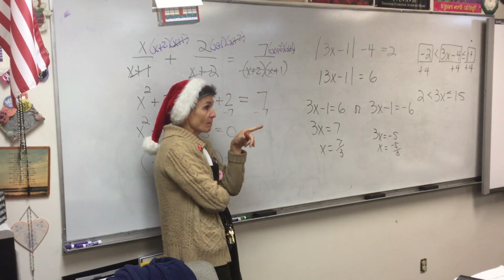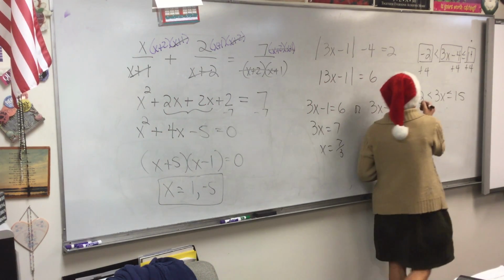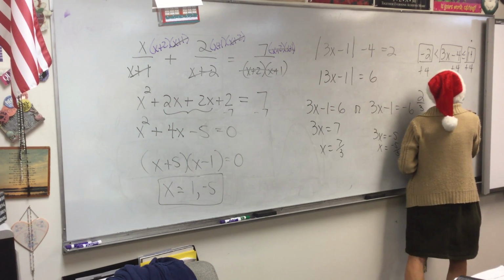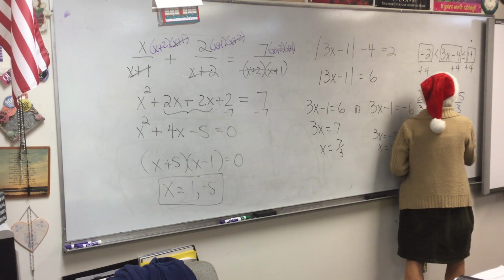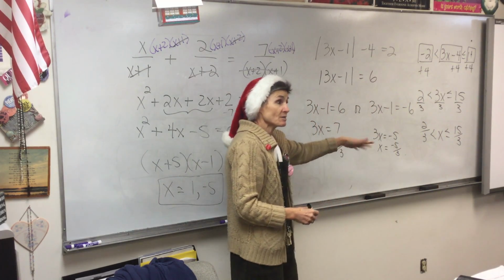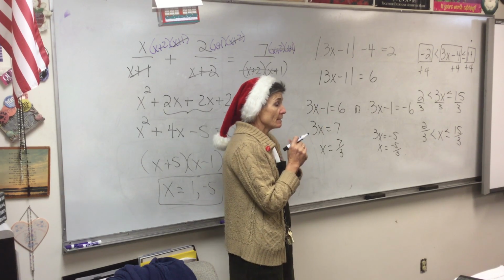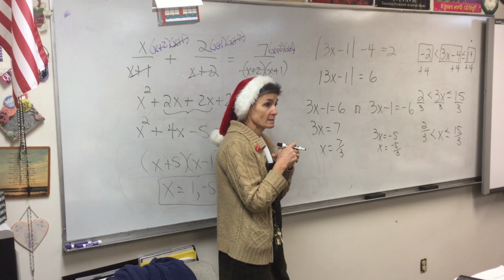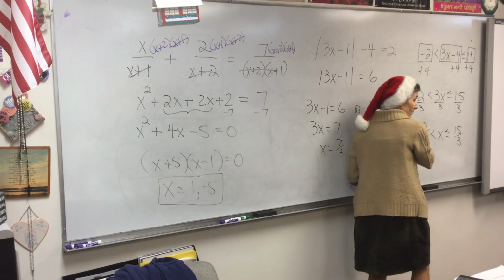Now what? To get x by itself, now what? Divide by 3. So 2/3 is less than x is less than or equal to 15/3. Now, that answer just comes out like that, but caution, if this is on the multiple choice part of the test, the answer may not be written like this.